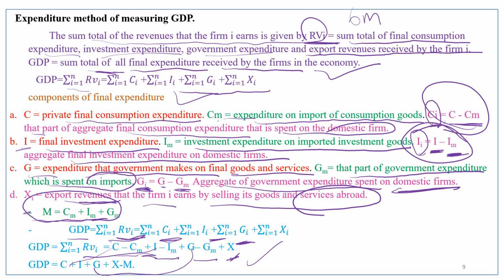The remaining X is also to be written down, and minus M, which we use as a denotation for expenditure on imports.